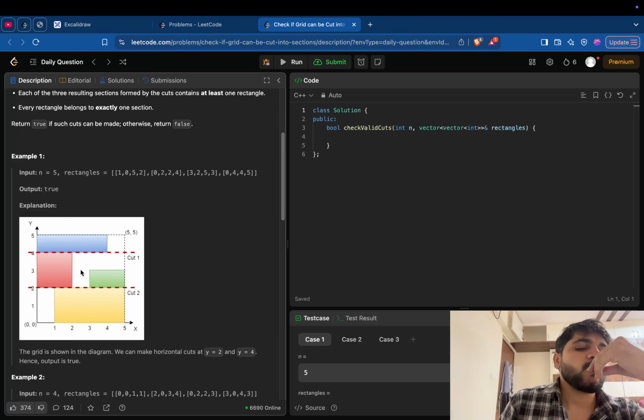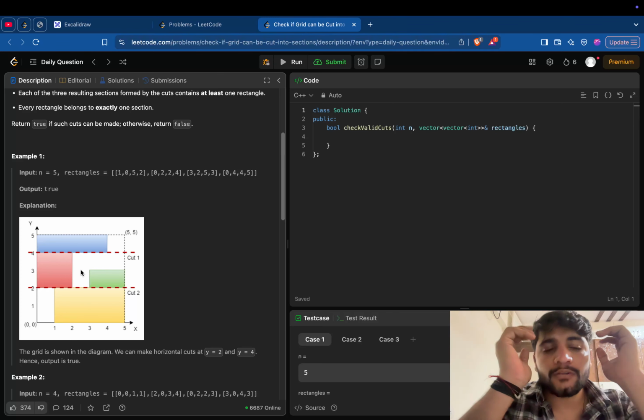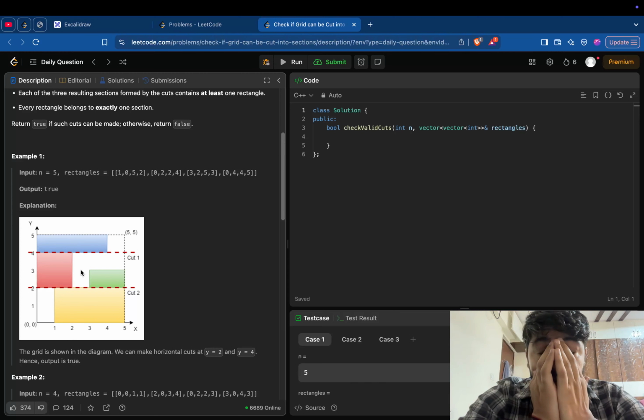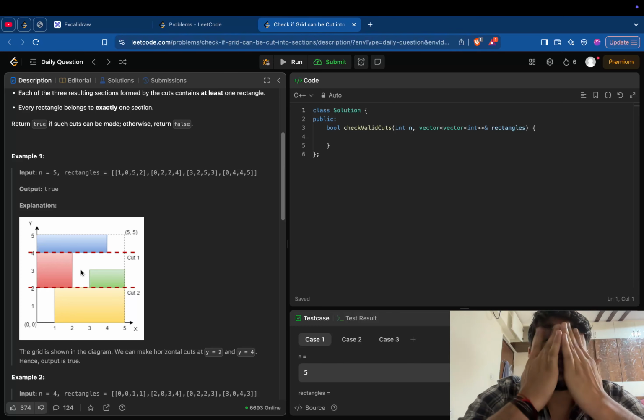Fine. So what we can do here is, instead of the whole section, let's talk about the rectangles, and let's talk about both the axes.